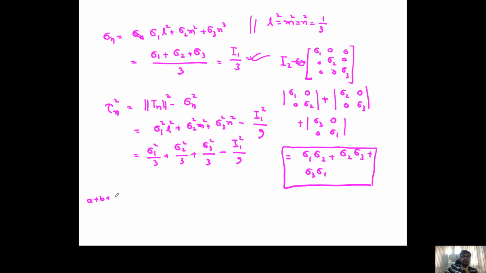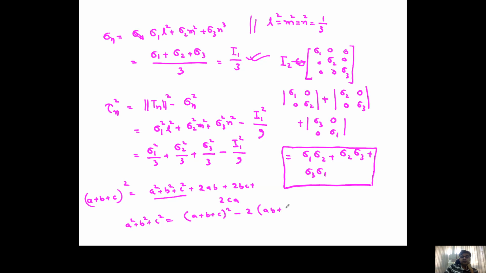A plus b plus c whole square is equal to a square plus b square plus c square plus 2ab plus 2bc plus 2ca, which means a square plus b square plus c square, I can write as a plus b plus c whole square minus 2 times ab plus bc plus ca.